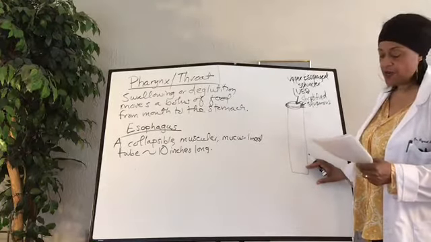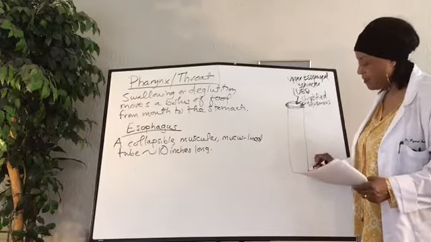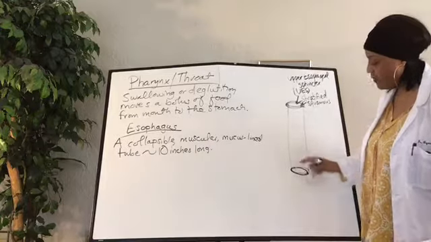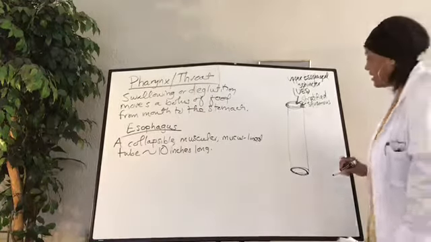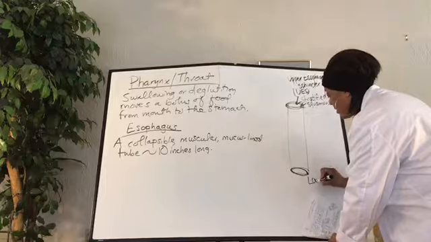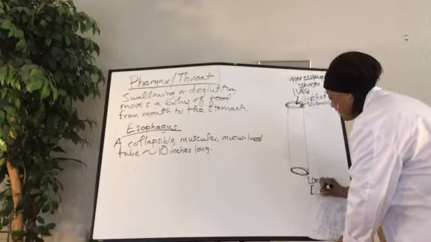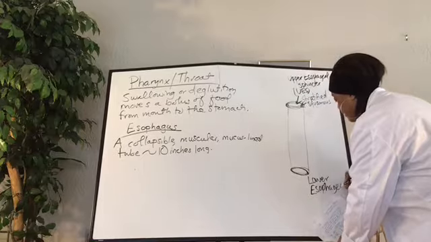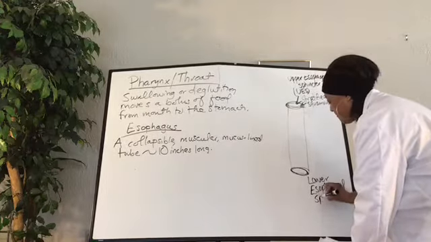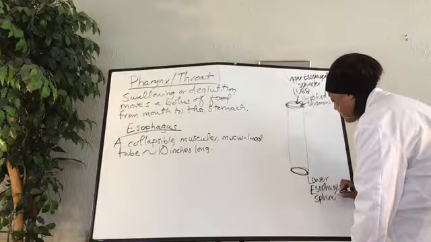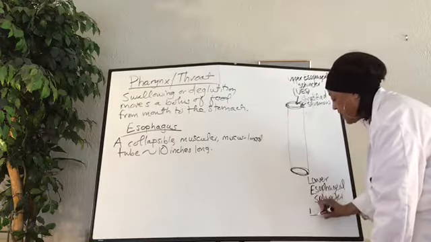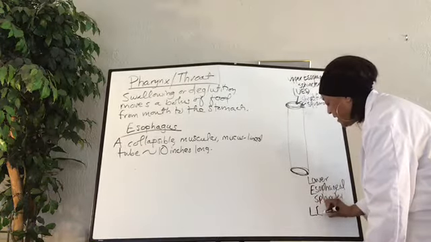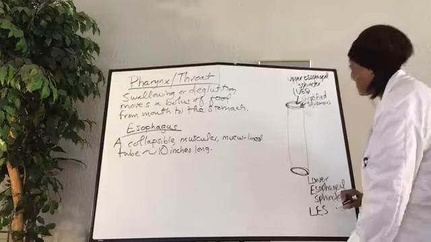The next part of this, let me make it kind of round so you can remember that this is a sphincter. This is the lower esophageal sphincter. And we call it the LES, right?